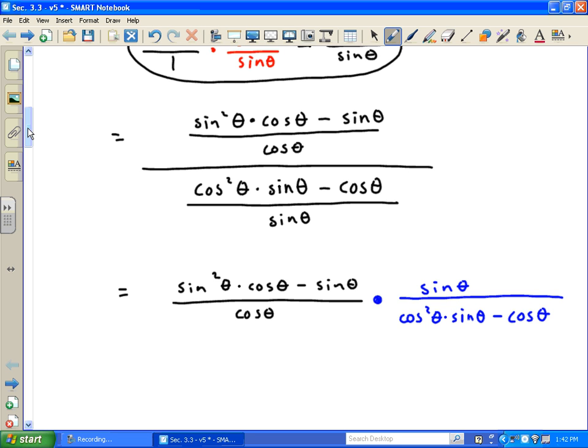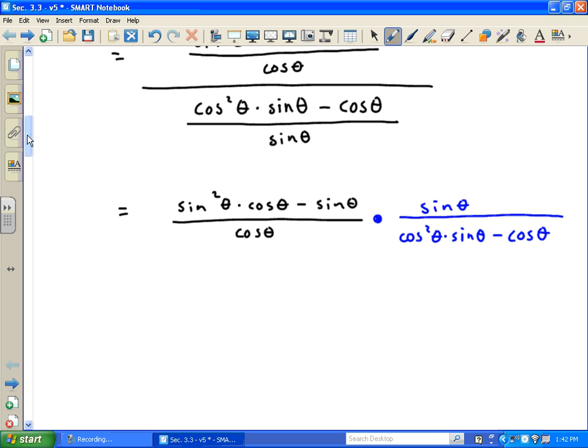Okay. At this point, I can collect a couple of things together, and also maybe factor some things. The first thing I'm going to do is factor a sine out of these terms. I see that both of those two terms share a sine, so I'll factor a sine out, and I'm left with cosine of theta minus 1.